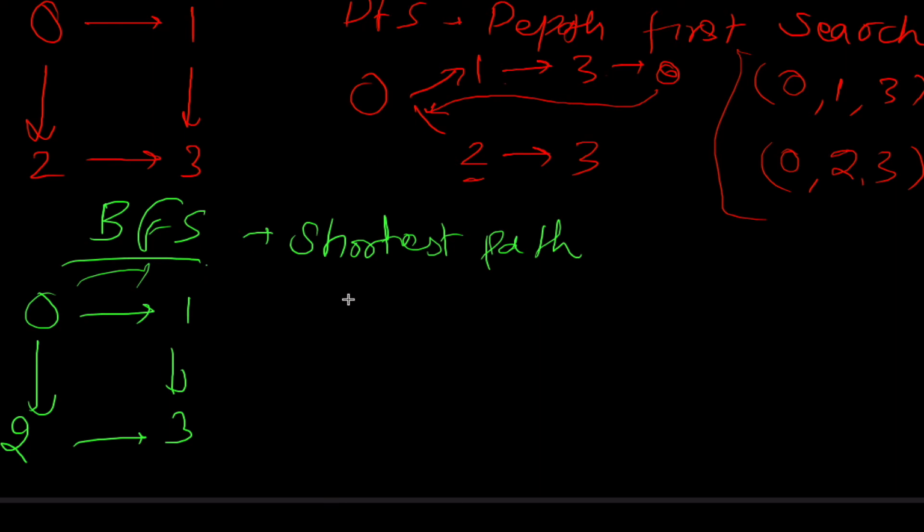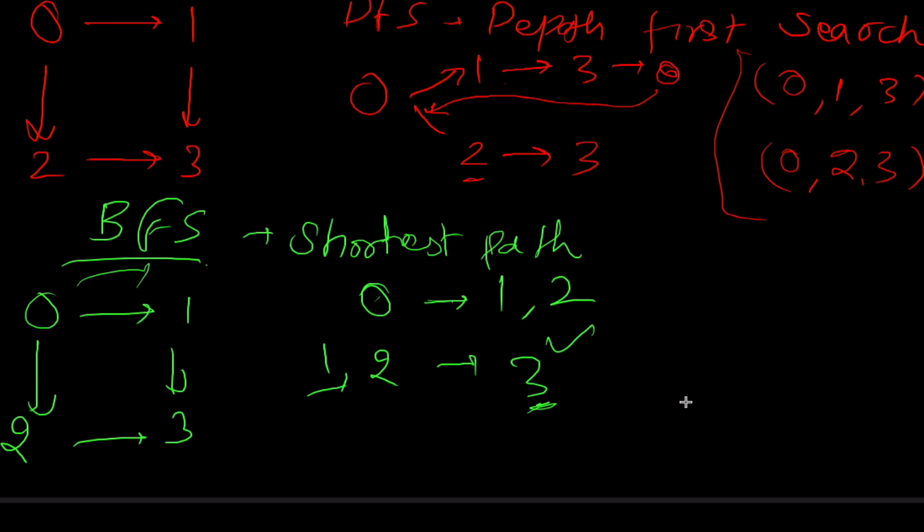So in this case, I will start with node 0, and then according to BFS, I would traverse the neighbors of 0, which are 1 and 2. Now 1 and 2 will be pushed to the queue. I will traverse 1 first and then see, okay, 3 is there. As soon as I get 3, I know this is my destination node.